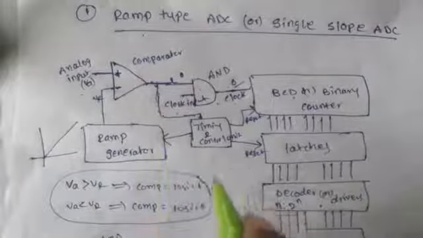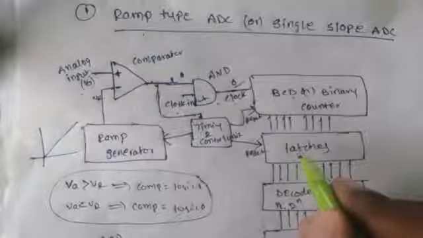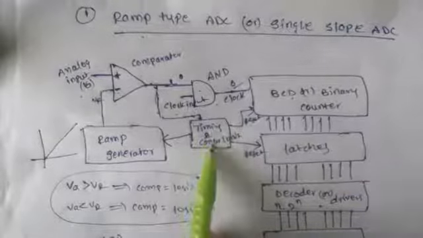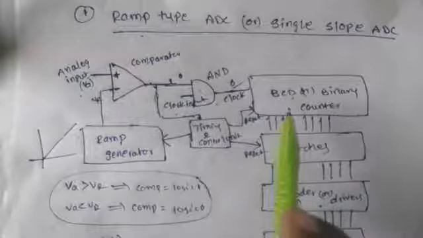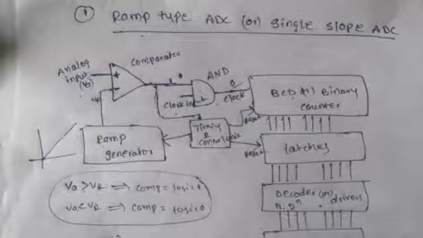Why these three modules only? These two are storage units. Whenever we are taking new data, we have to erase all the previous data. To erase that, we use the timing and control unit. Using this timing and control unit, the BCD counter data as well as the latch data will be erased.